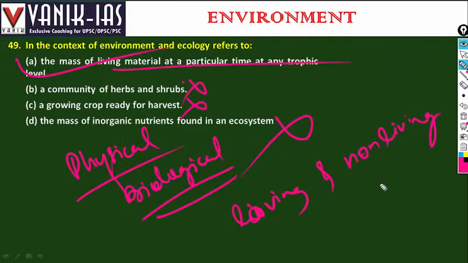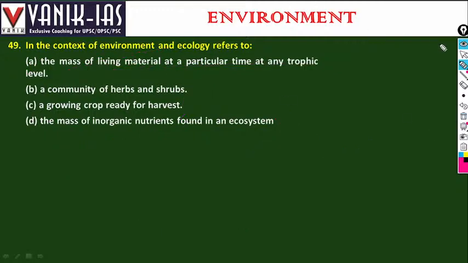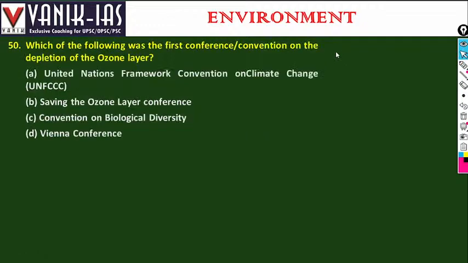So A is the answer. Which are interdependent on each other. They affect each other. For example, temperature affects the plant growth. Despite temperature being a non-biotic factor, it affects the plant growth. It affects the environment. It affects the life of various species.